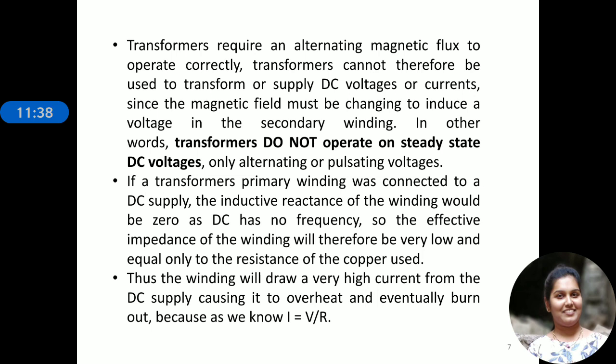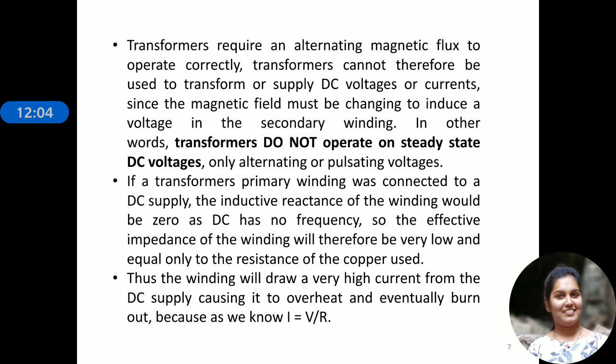So transformers cannot be used to transform or supply DC voltages or currents. This is the main point regarding the transformer: for a transformer to function there should be an alternating magnetic flux. A DC kind of power supply, voltage or current is not suitable for the operation of the transformer.